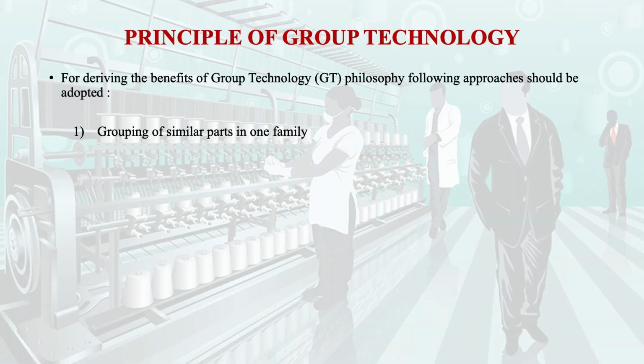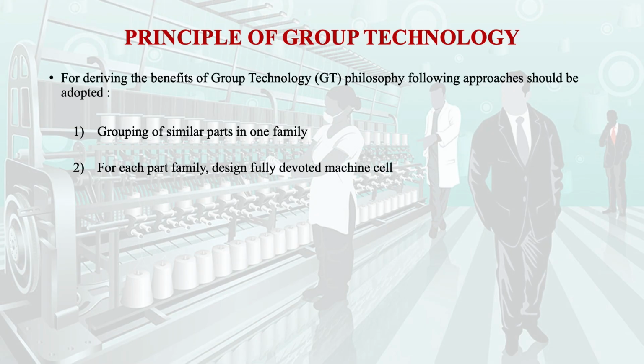Principle of group technology. Group technology is a concept or a philosophy where we group the similar parts, or the parts having the same features, in one family. Similarly, if this family visits a particular machine or group of machines, we will say that it is a machine cell.